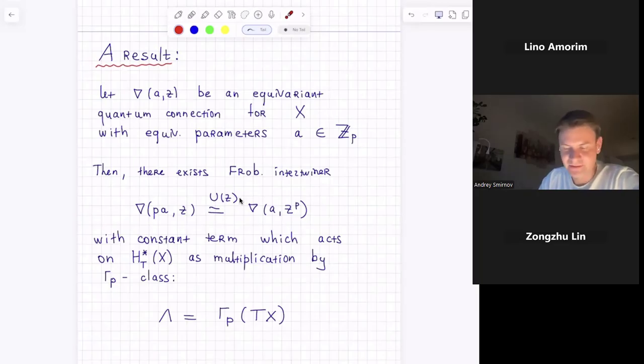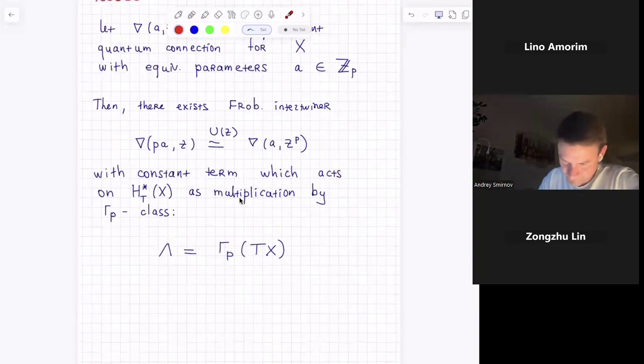And so you can study this quantum connection equivariantly or non-equivariantly. In the equivariant case, you have these parameters, and you should assume that they are p-adic integers. And then you'll find that there exists a unique Frobenius intertwiner which sends the equivariant parameters to their p multiples. So they get multiplied by p.